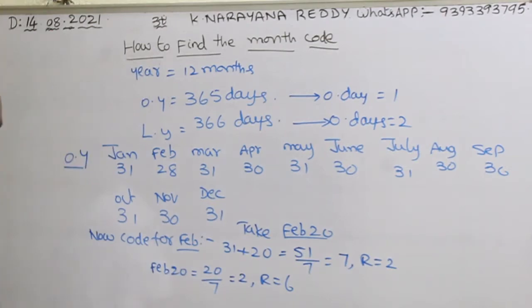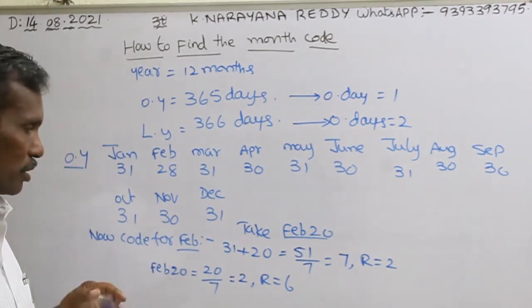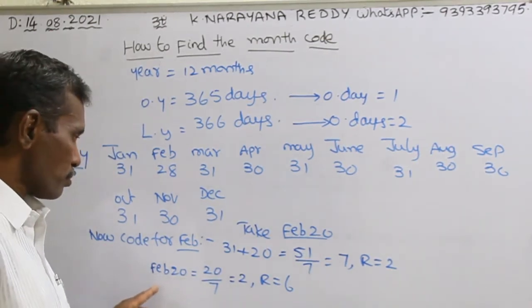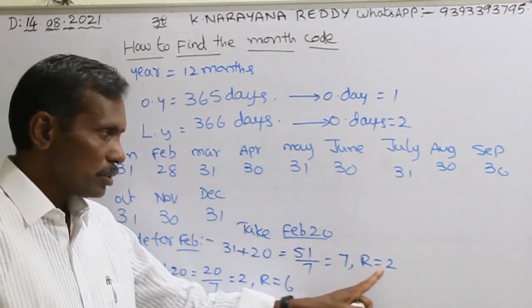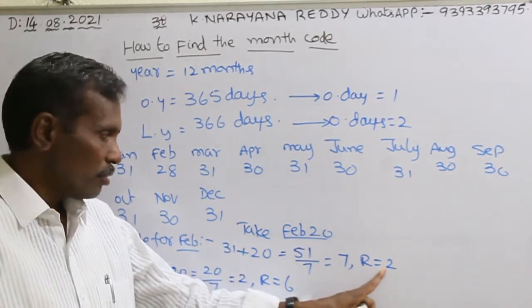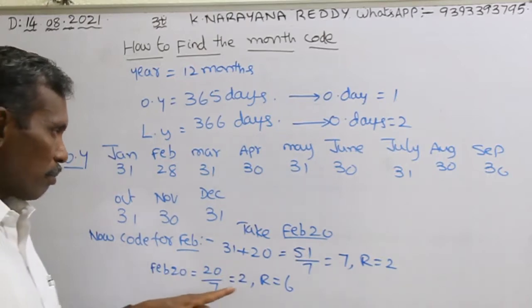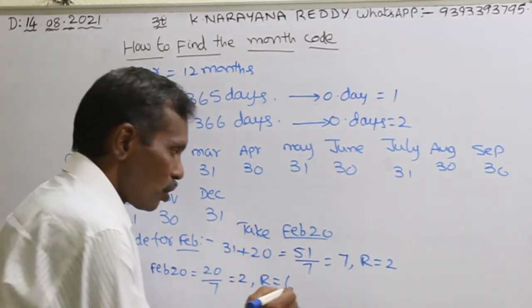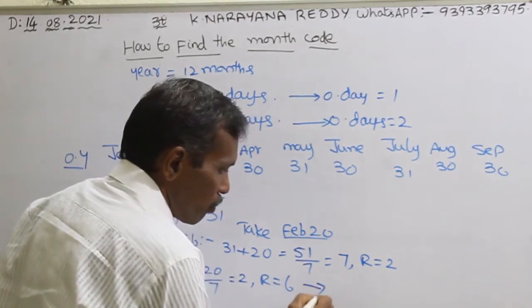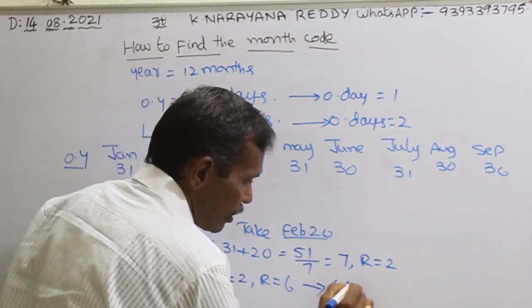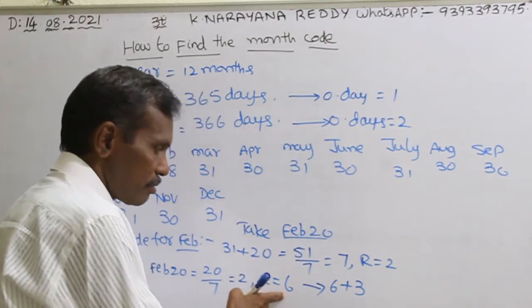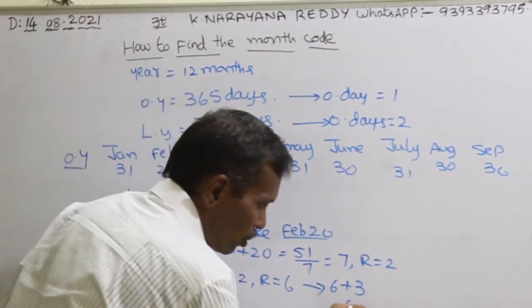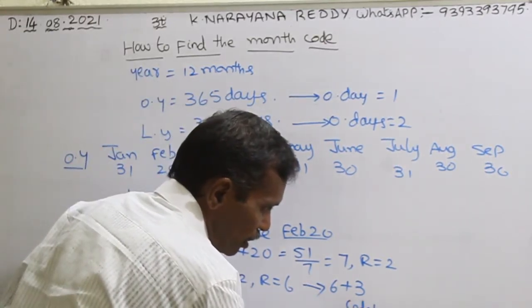So how to find the code? Nothing but simple logic. See here, we want 2 totally, but we have only 6 in Feb. So we add 3, giving 5, 6. This is the code for Feb.